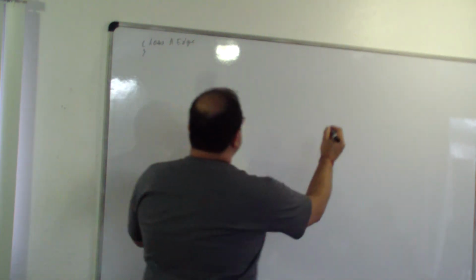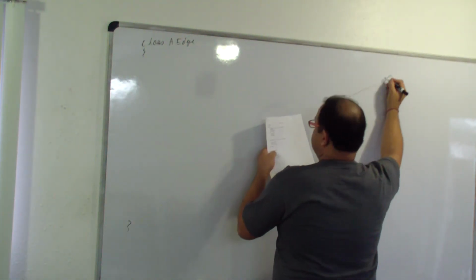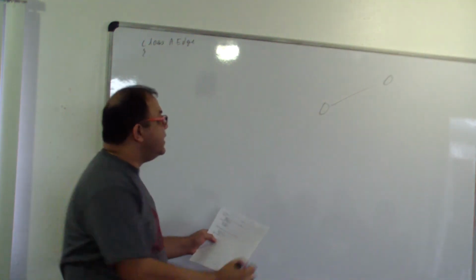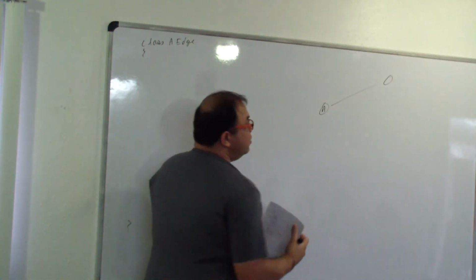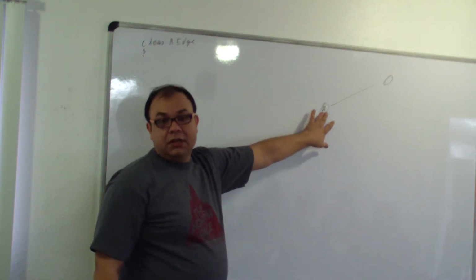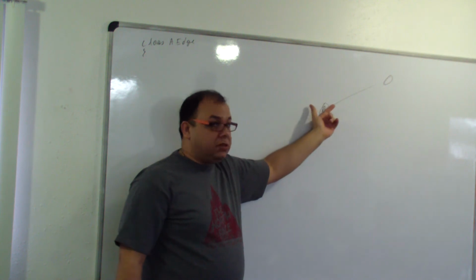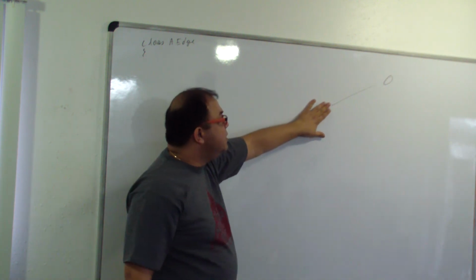And if you look at an edge, what does it have? So the node that I'm taking, I will identify the node with a character.